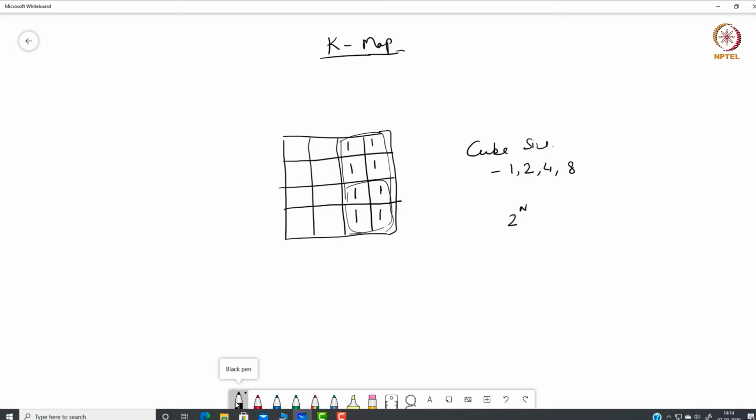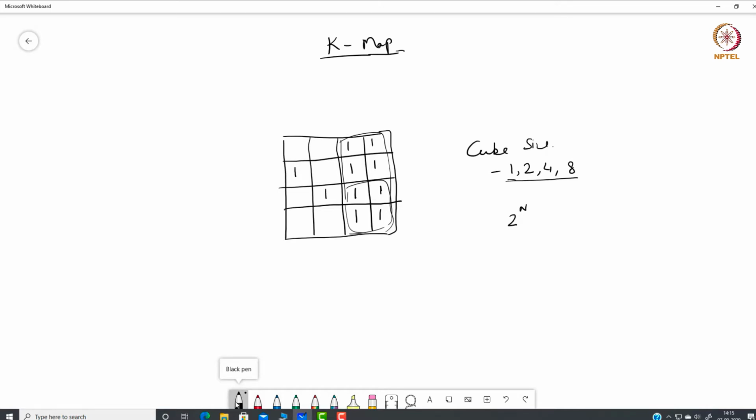Whenever we combine min terms, the cube size has to be a power of 2, and they have to be adjacent. If one term is here and one term is there, they cannot be combined because they are not horizontally or vertically adjacent. This is how we create cubes.